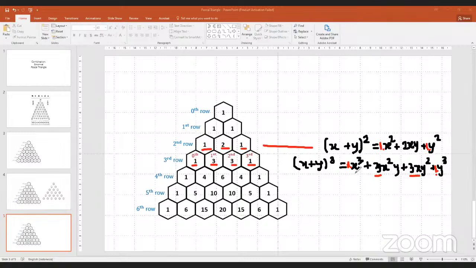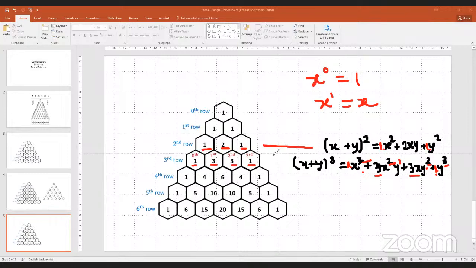And the power of the variable: x to the power 0 is actually 1, and x to the power 1, we don't write it, it is just the same as x. So for x you have 3, 2, 1, 0. And for y, you have 0, 1, 2, 3.